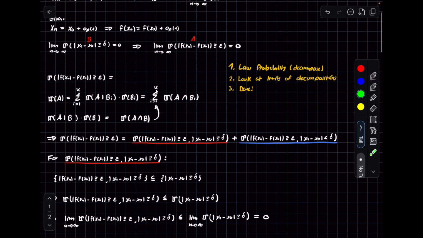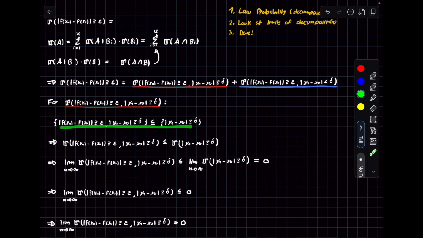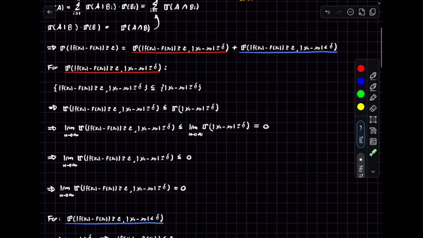We first took this guy. We applied the law of total probability, which is over here. Then we have two little sections that we have to analyze. We analyze the red part first, and by monotony, we were able to finish this quite nicely.